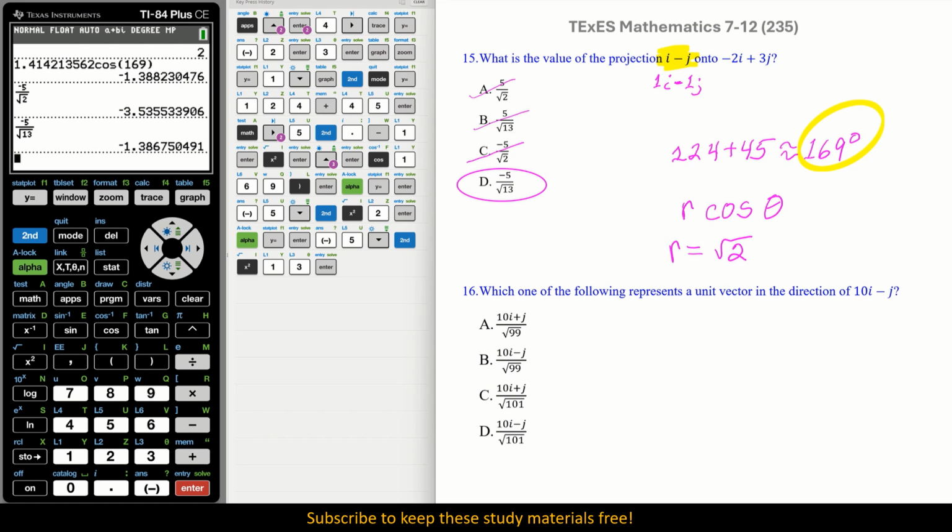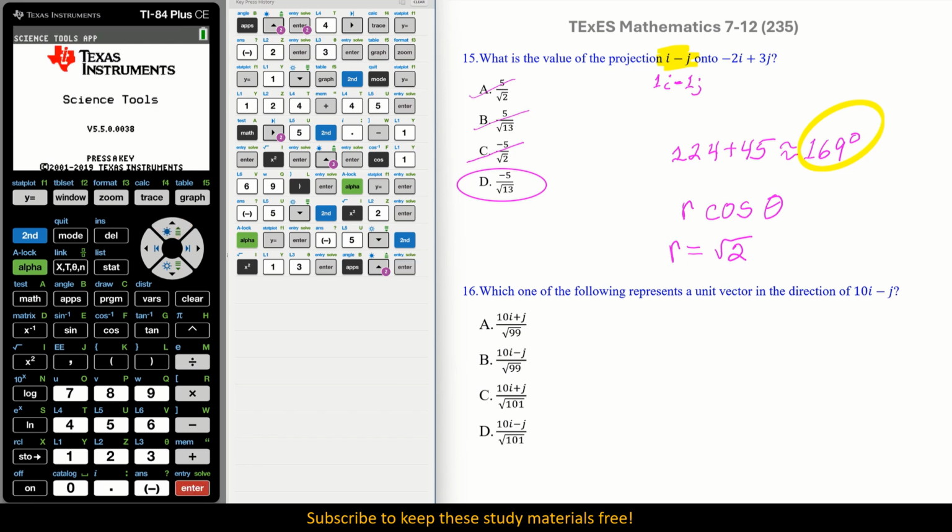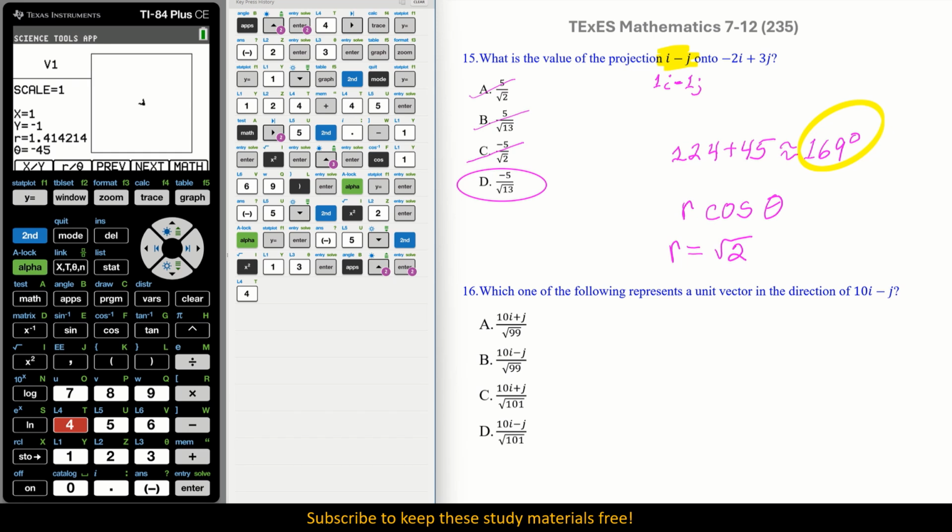So let's give this a try. Let's go back to your app. Arrow up. Let's look at what those angles really were. Number 4, and it's still in there. So we had 45, which we didn't round because we didn't need to. But now let's go over to V2, second vector.